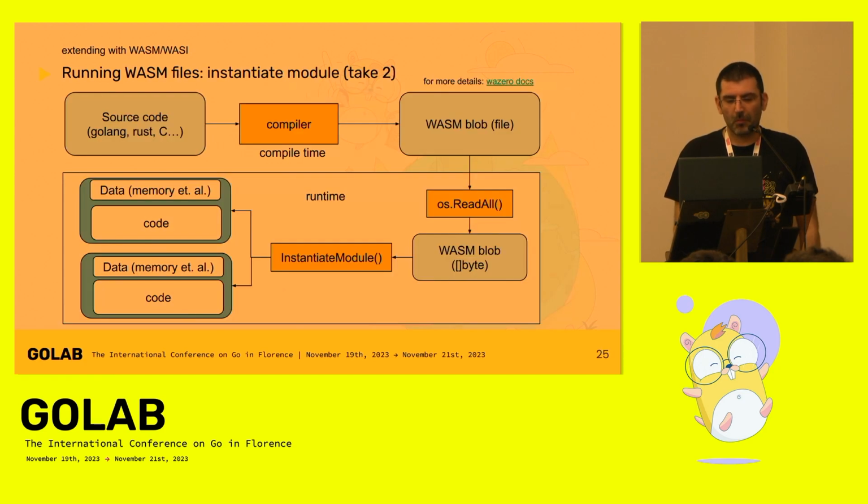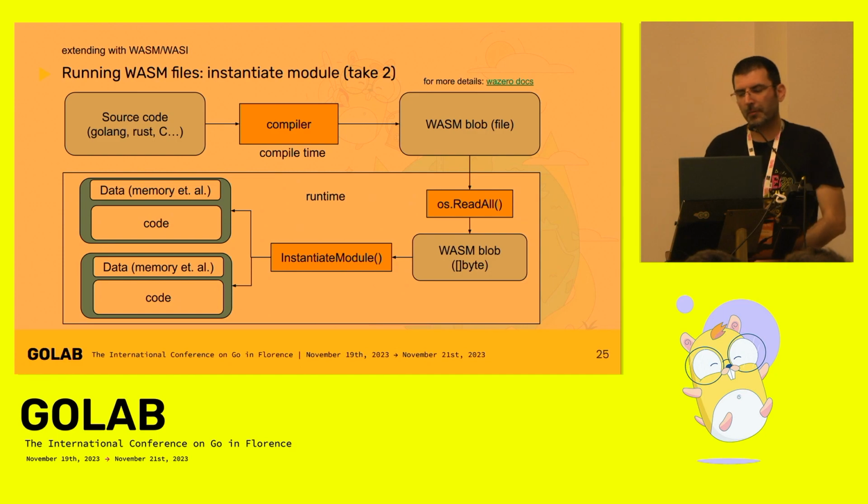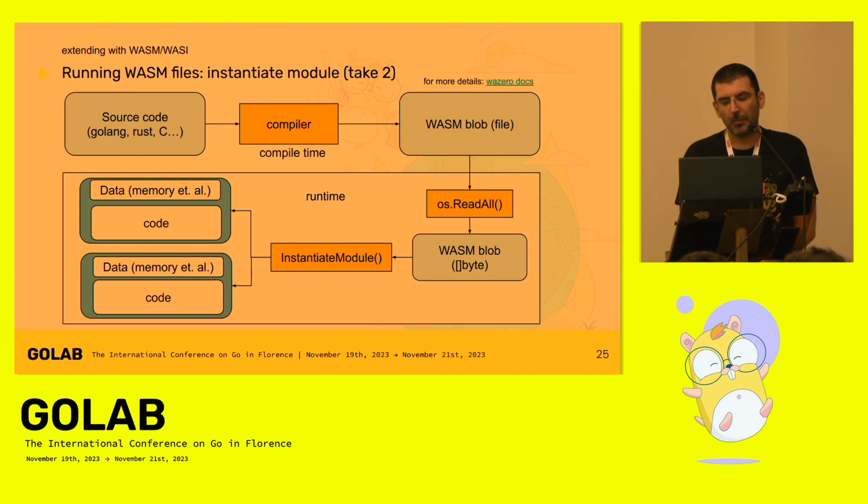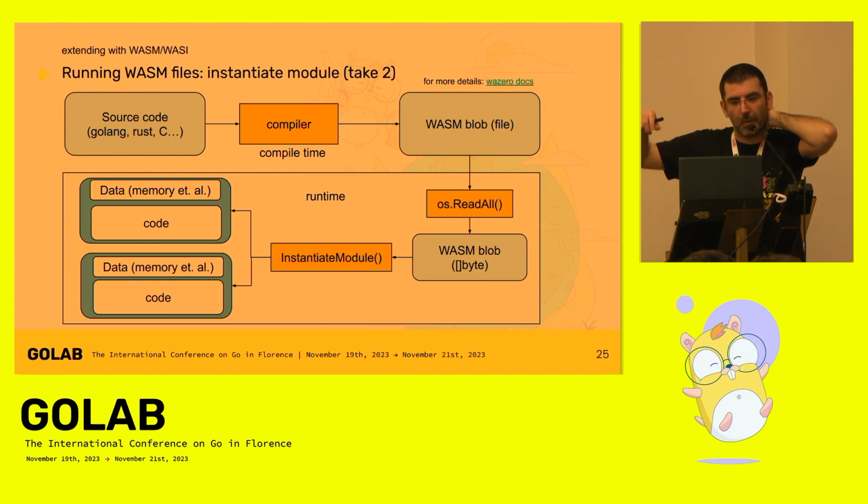Now, just before we jump to the next, I mentioned processing requests, but there is no explicit one. When you instantiate a module, whatever the entry point of the module is runs automatically. So you can use modules as a very simple plugin mechanism, having the entry point do all the work.